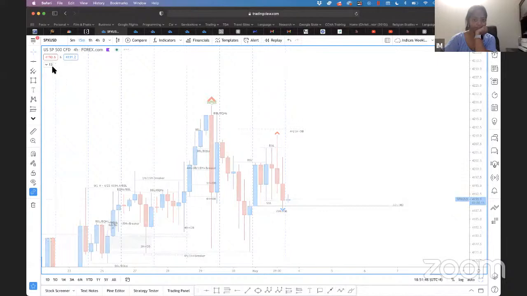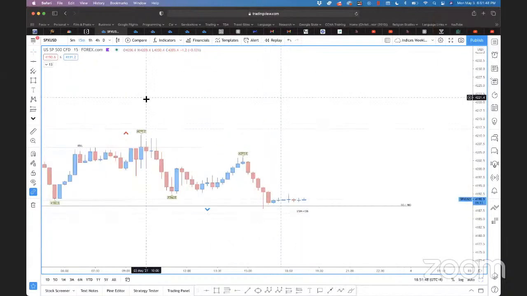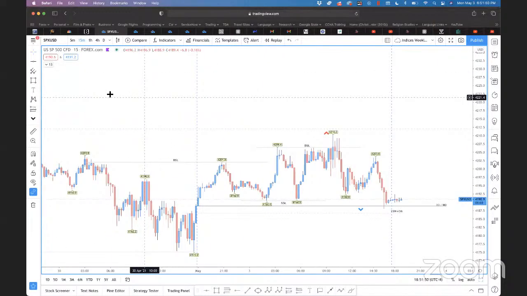Volume. The way I use volume is I use volume to define the divergence.